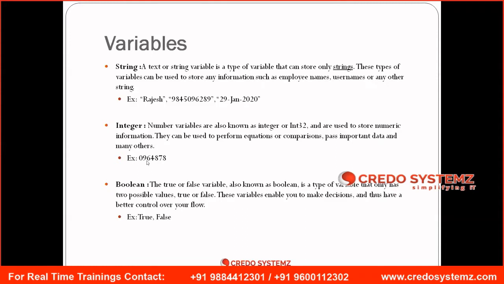The only difference is, in the format of numbers, we are able to perform arithmetic operations. Any kind of equations, comparisons, any kind of arithmetic operations, you will be able to perform with the integer. So when you store data as a plain integer field, then you would be able to perform the number calculations.